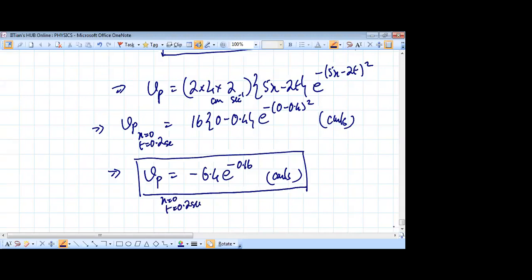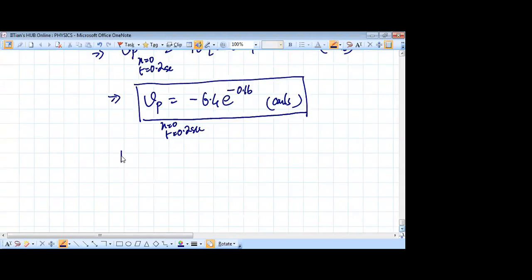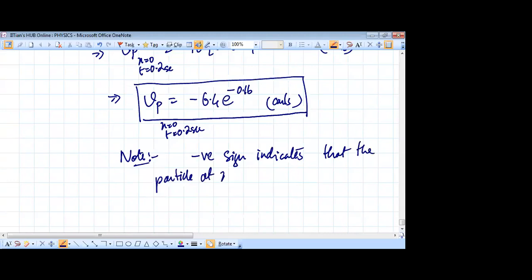Now we'll understand why this minus sign is there, but before that, note this down. The negative sign indicates that the particle at x equal to 0 is coming down, or Vp is along the negative y-axis, at t equal to 0.2.